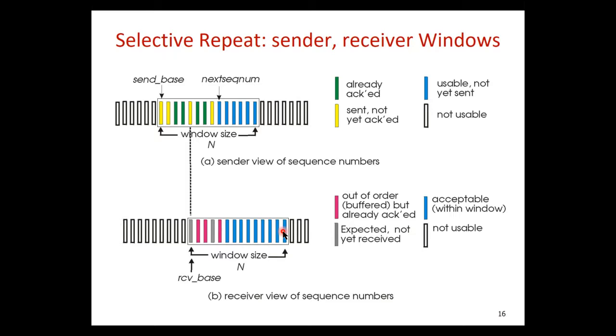They are acceptable, they fall within the window. So here the receiver will not slide the window until it receives packet number 9. As long as it does not receive packet number 9, the window will stay here.